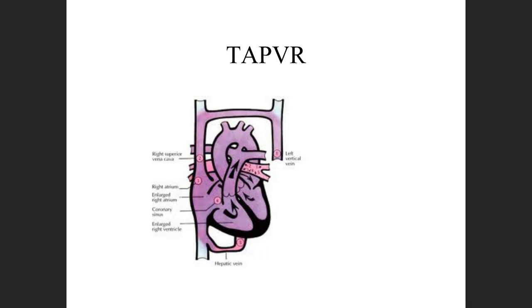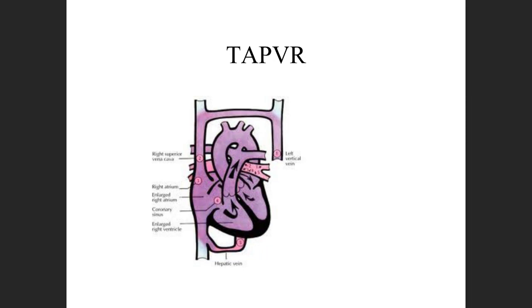Either at the level of the superior vena cava or at the level of the right atrium or into the coronary sinus. And usually there is an enlarged right atrium.